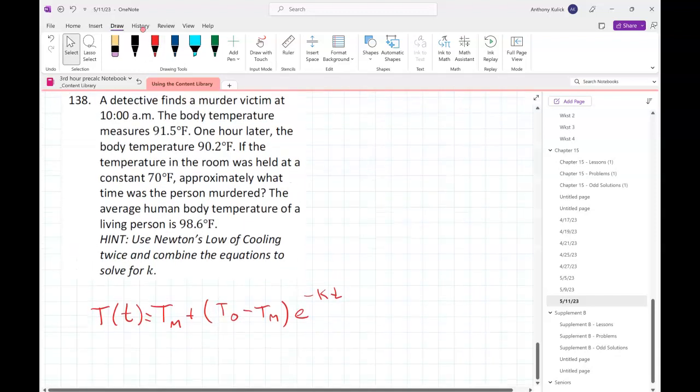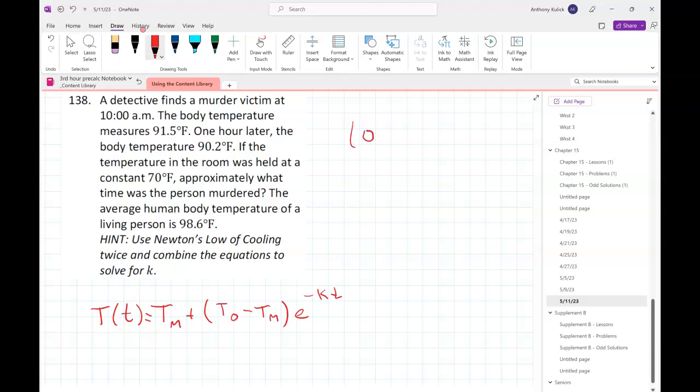Okay. So let's start filling this in. We have the data point (0, 91.5), where t is going to be the hours after 10 a.m. Everybody's okay with that?